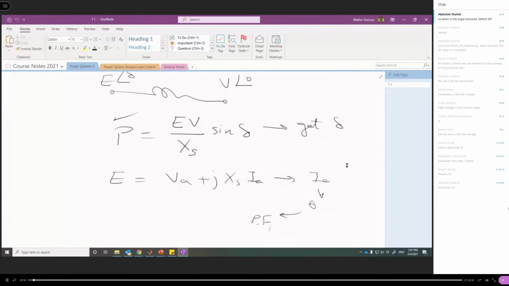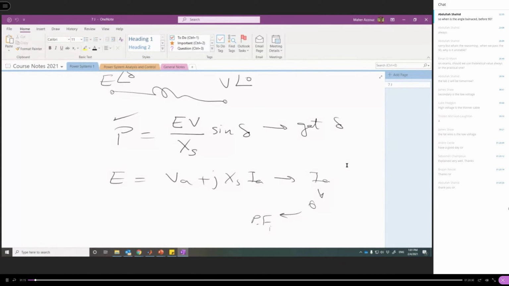And I explained that before. Basically, transformers allow us to increase the voltage and decrease the voltage, and because of that, we can transfer power over long distances at high voltages.